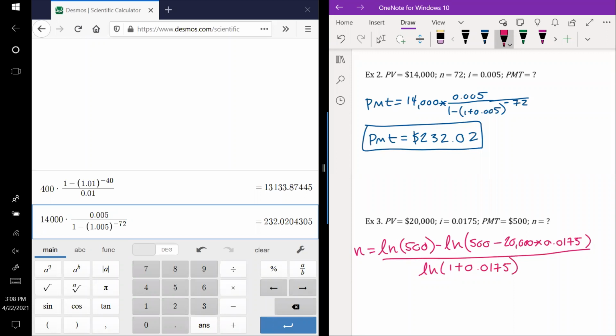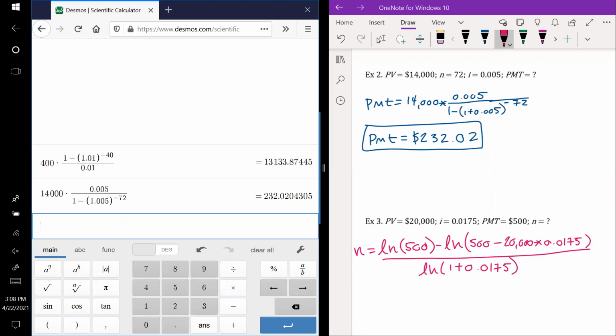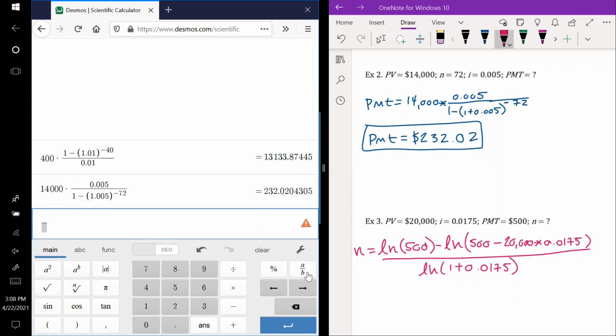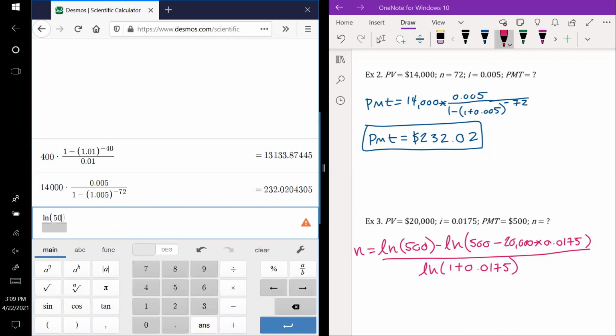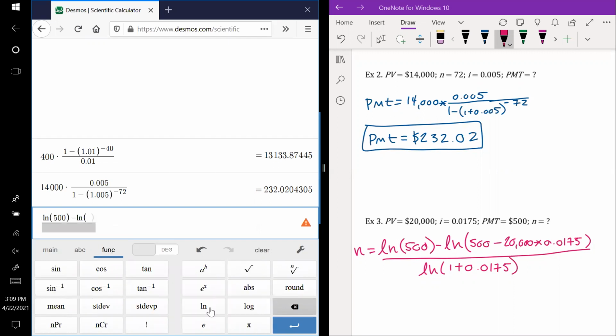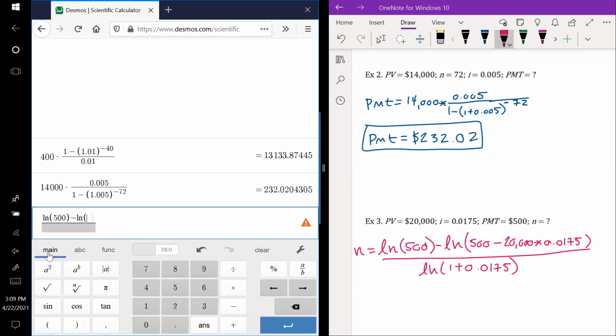And calculate. Again, just as I wrote it. So start our fraction and then function natural log of 500 minus the natural log of 500 minus 20,000 times 0.0175.